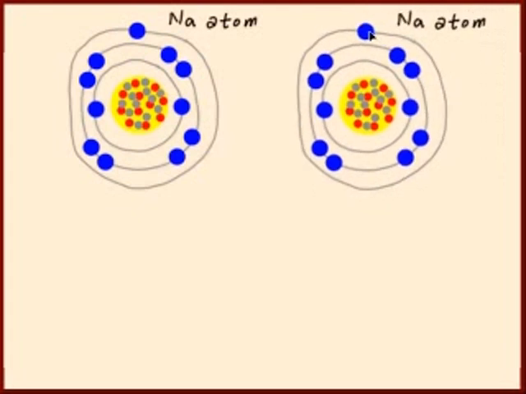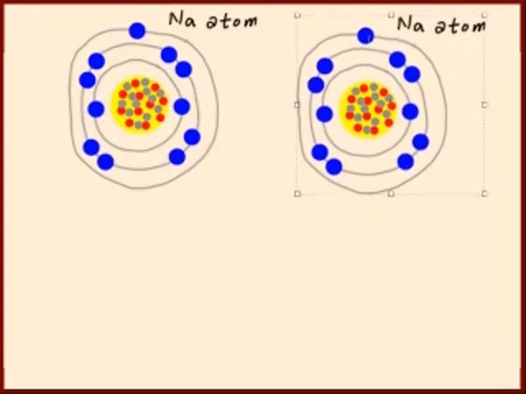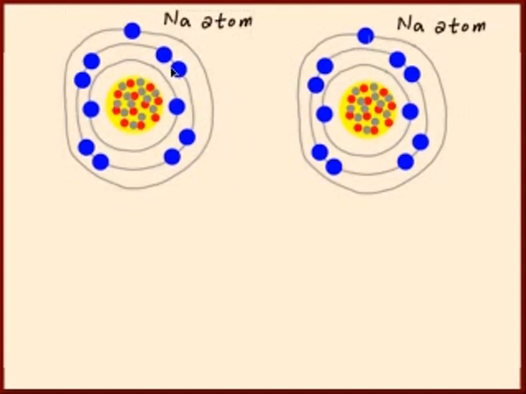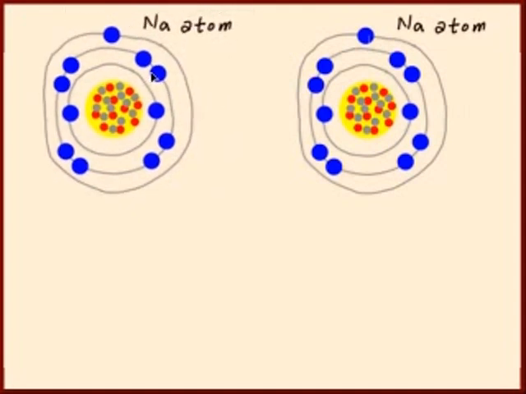So here's the sodium atom here. And what we'll do here, we'll move this one over here, kind of out of the way. And so currently this one, let's just look at the second one here. This is the sodium atom.